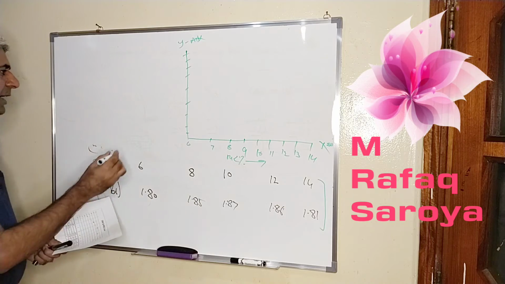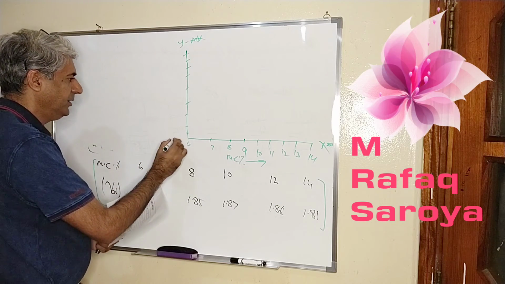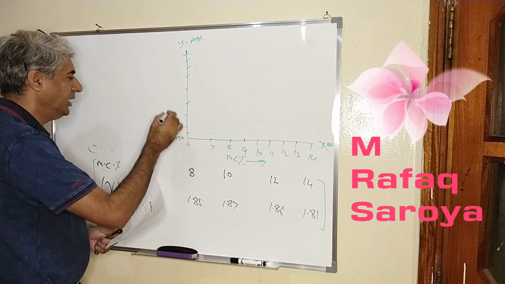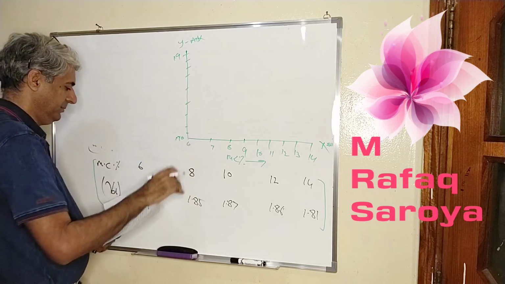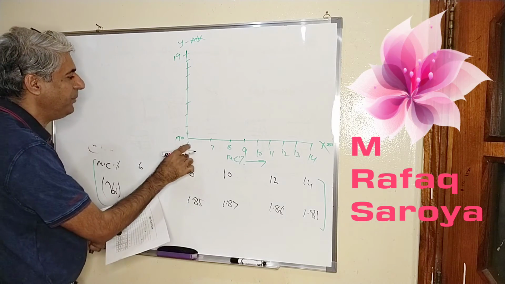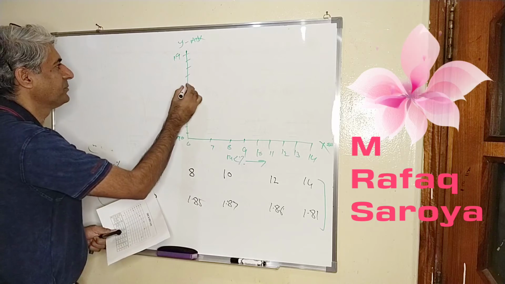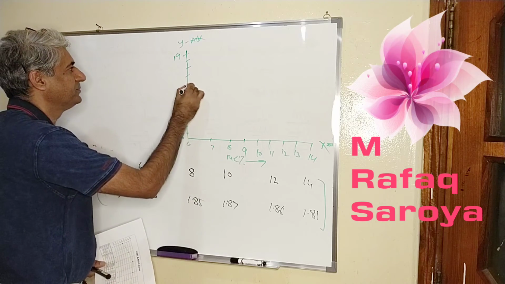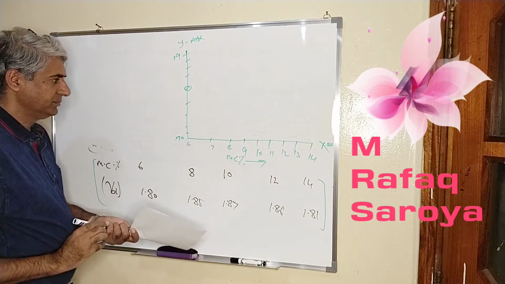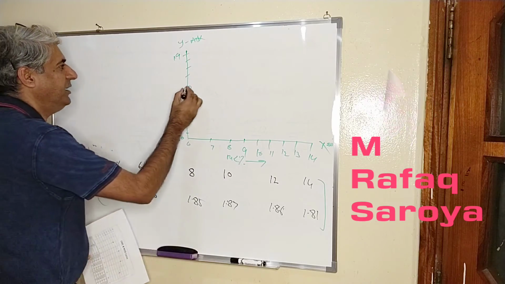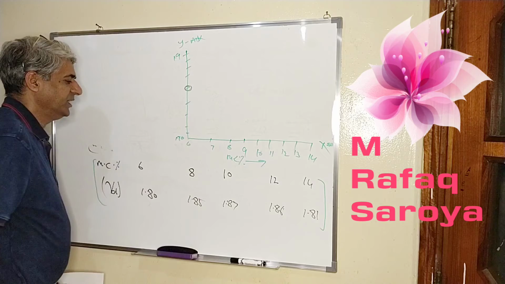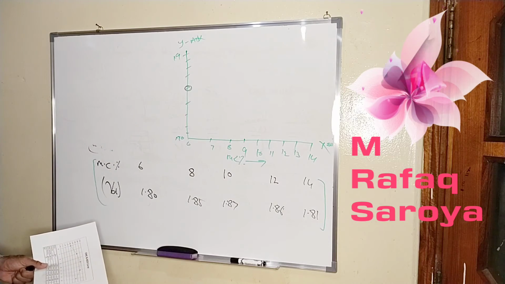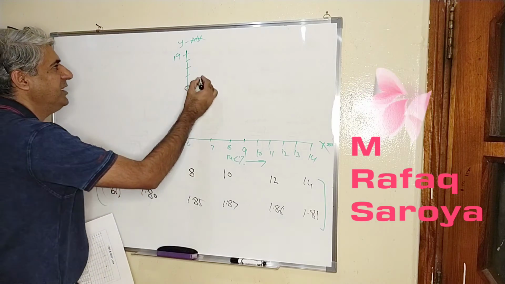Now over here I will write down 1.70, up to 1.9. When the moisture content is 6%, your dry density is this one, 1.80. When my moisture content is 8%, your density is 1.85.